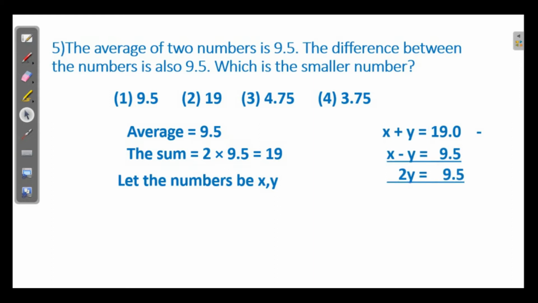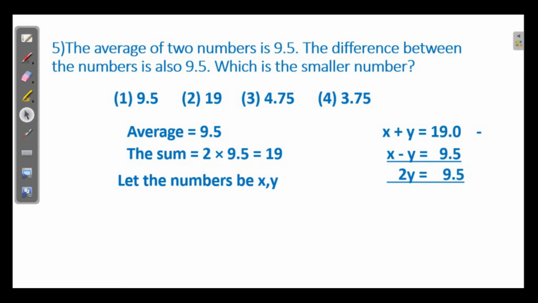We don't know the numbers. In algebra we have learned to take the numbers as x and y. So x plus y is equal to 19. Sum of the numbers is 19. And the difference is 9.5. x minus y is equal to 9.5.